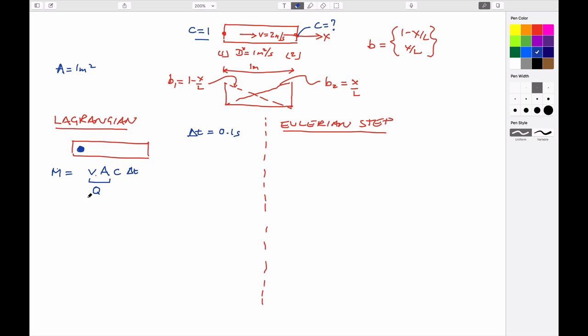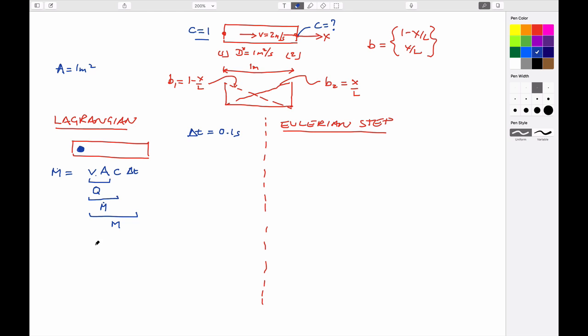That gives you the mass rate, the mass per unit time. And if you multiply the mass per unit time by the time step, that gives you an overall mass. So that's the rationale for that.